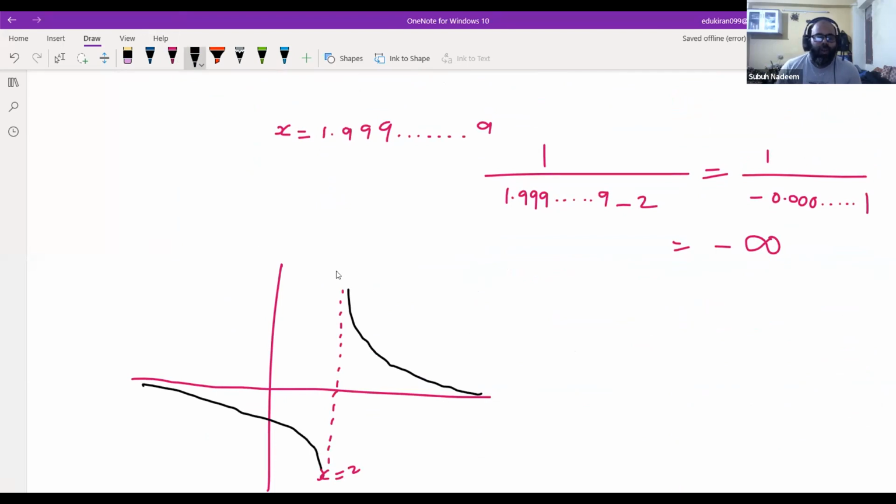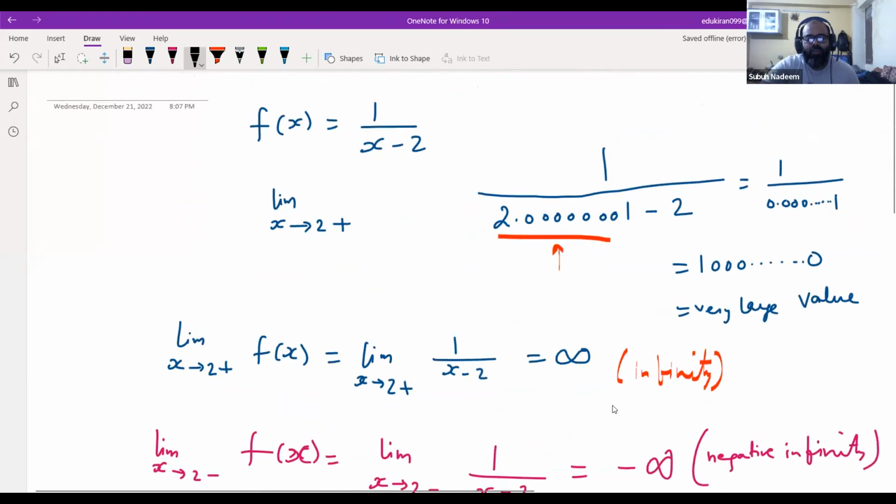You can see from the graph that as we approach 2 from the right, it will be plus infinity, and as we approach 2 from the left, it will be minus infinity. Here it is going to a very, very large value, here a very, very small value, which is minus infinity. And at 2, it is not defined. So this type of discontinuity is called infinite discontinuity, because the limit is not finite, it is infinite.